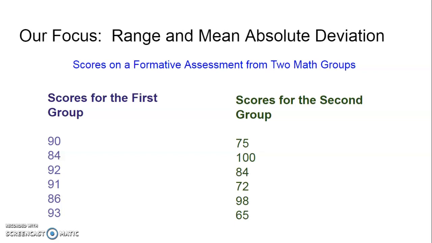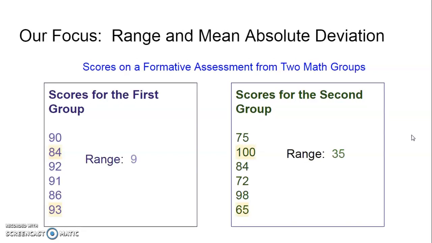I think you can get a real quick sense of how the students did just by looking at them. But let's say I'm looking for more specific information, some information about a measure of center and some information about a measure of variability. All right, so let's start with range.